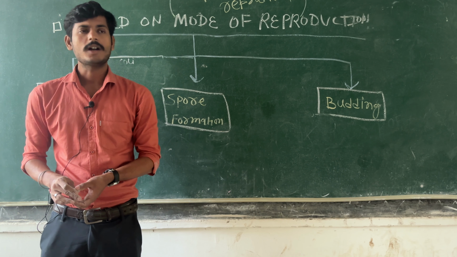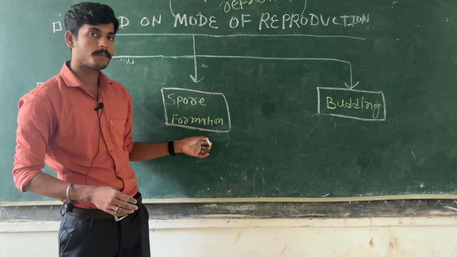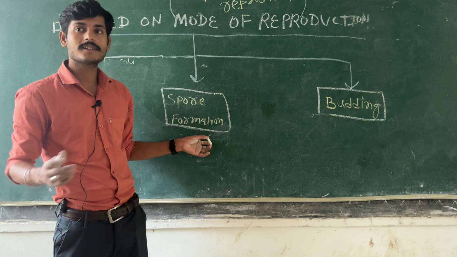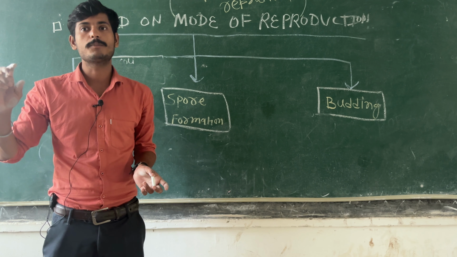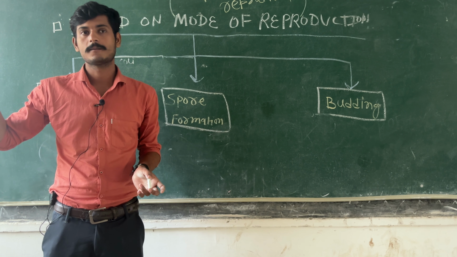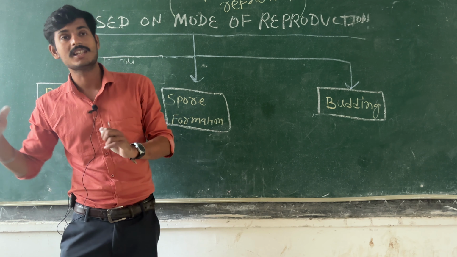Fine. What do you think? Do humans have any coping mechanism to avoid unfavorable situations? Yes. Like you heard about the polar bears. They can hibernate, meaning they can sleep for 6 months.